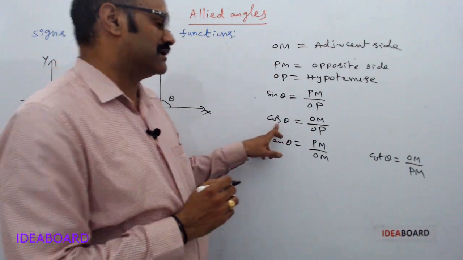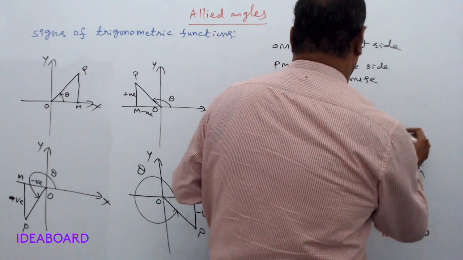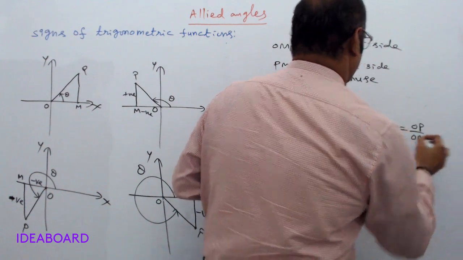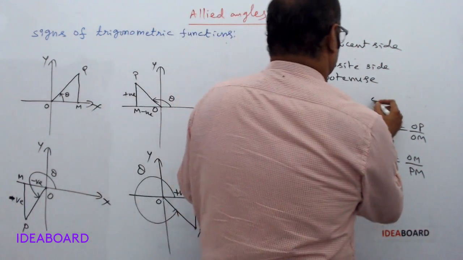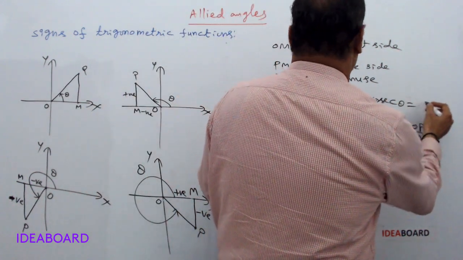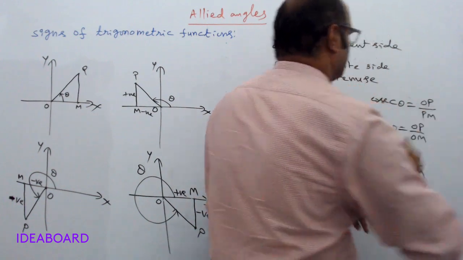Now secant theta is the reciprocal of cos, OP by OM. Cosecant theta is the reciprocal of sin, OP by PM.